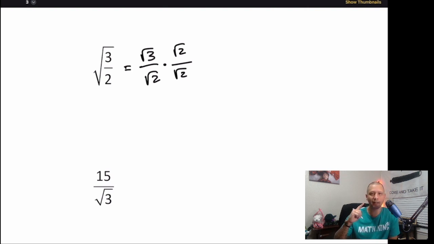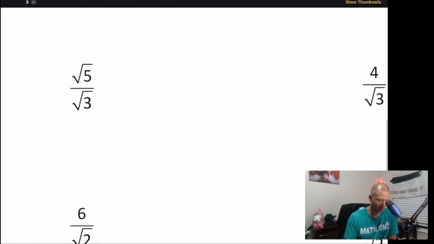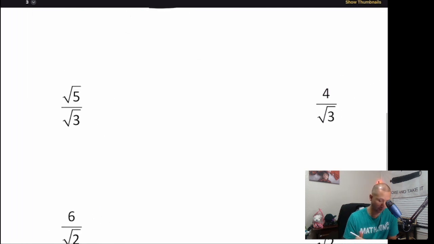And when you multiply anything by 1, you don't change the value, right? Anything times 1 is itself. Well, here we're multiplying by a clever one. So the denominator will be 2 under root 6, right? 3 times 2 is 6. So root 6 over 2. So again, no square roots in the bottom. Do a few more.